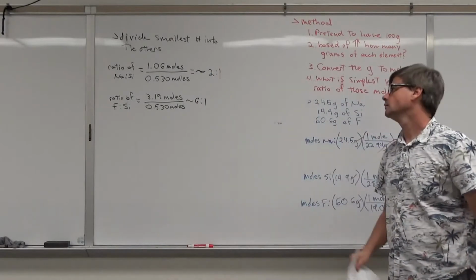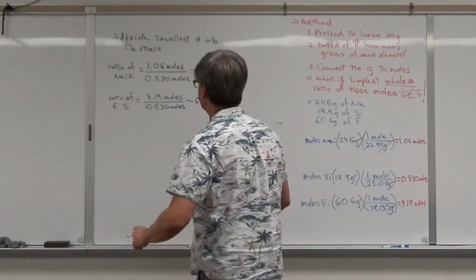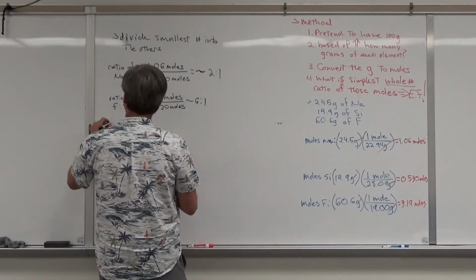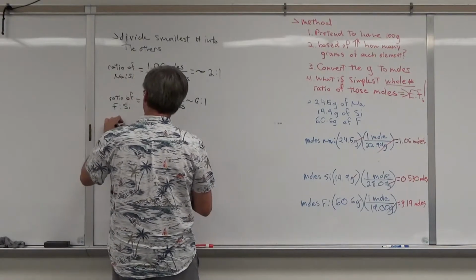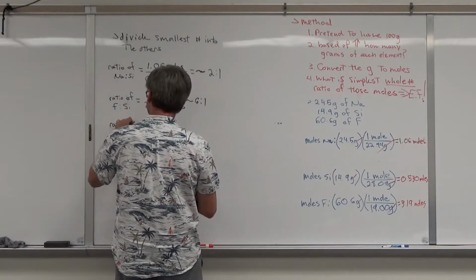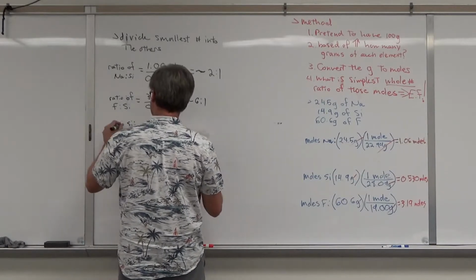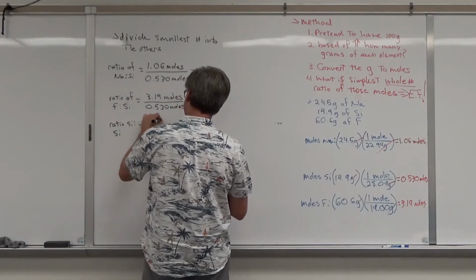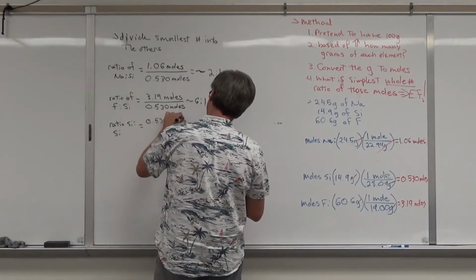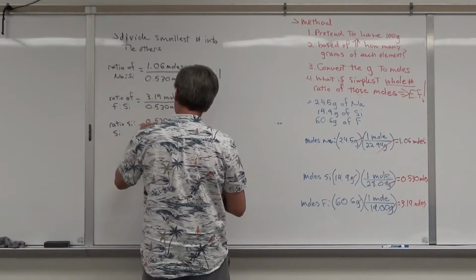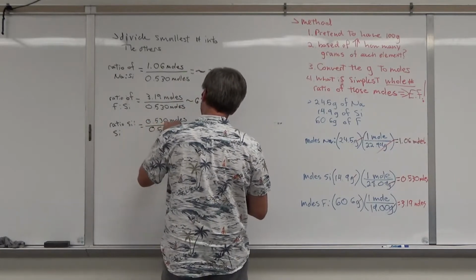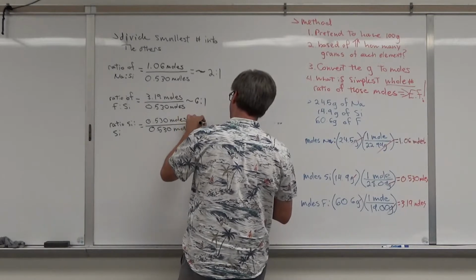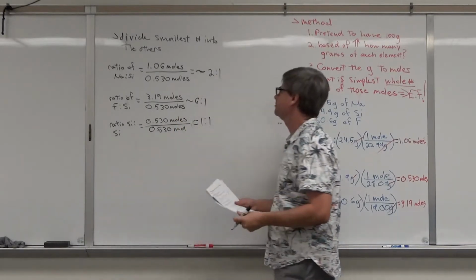This is probably silly, but just for completion, ratio of silicon to silicon, it's obviously going to be 1 to 1, right? 0.530 moles, 0.530 moles is 1 to 1. Okay.